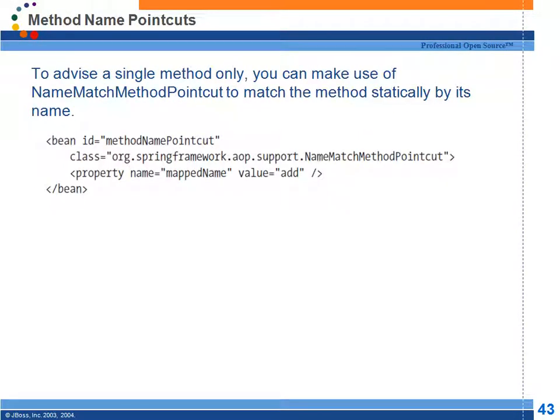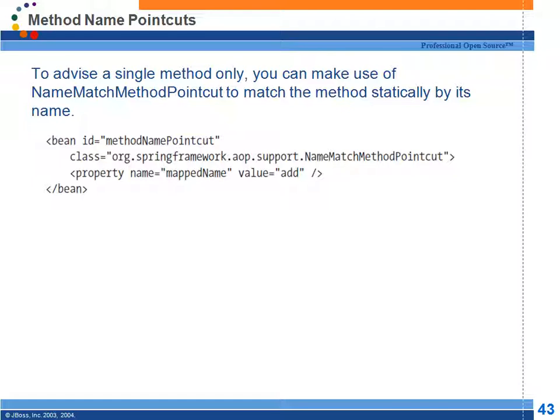I'll just come back again. This is an example of a pointcut. The pointcut class is NameMatchMethodPointcut, and the mapped name is add. So this is how to define a pointcut.